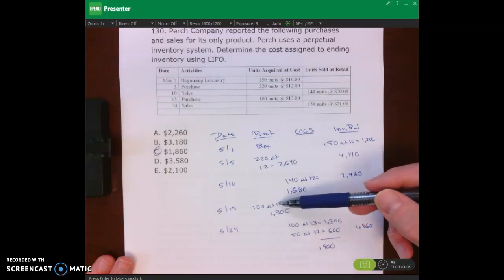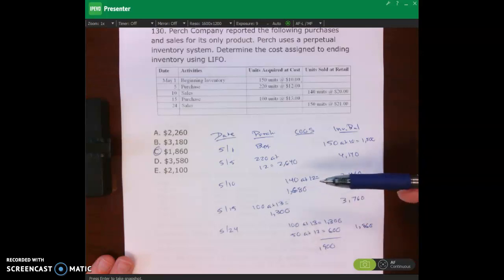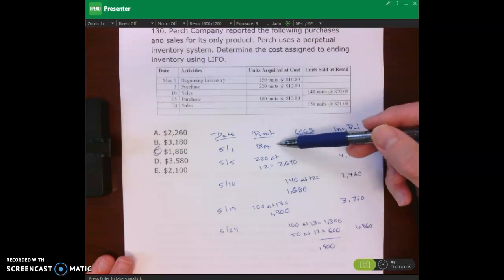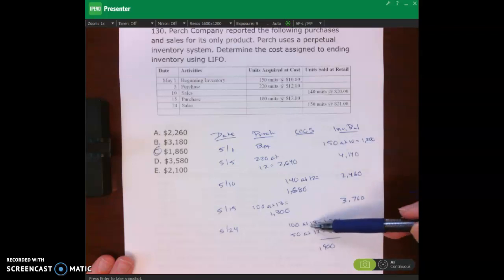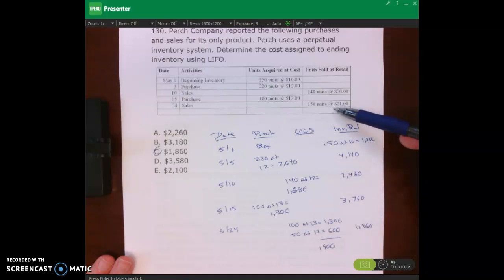The newest inventory is these ones at 13, and then we still have some left over at the $12. So we didn't sell any of the ones in the beginning inventory. 100 at 13 is 1,300, and then 50 at 12 is 600, which gets us up to the 150 total units. That's a cost of goods sold of 1,900. Then I can take my 3,760 minus my 1,900, which gives us my ending inventory on the 24th equal to 1,860.